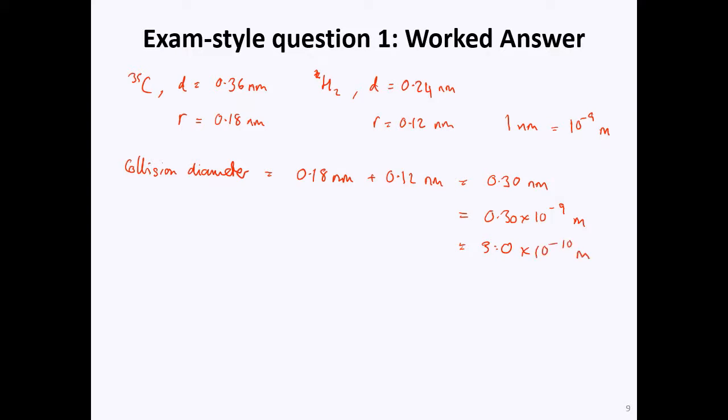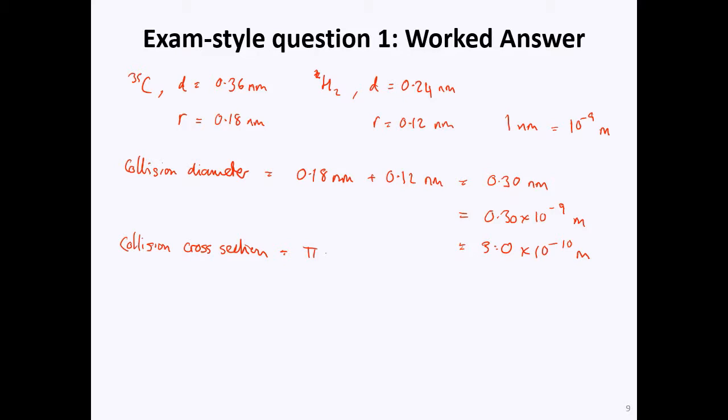Okay, so then we need to find the collision cross-sectional area, and that's equal to pi times the collision diameter squared.